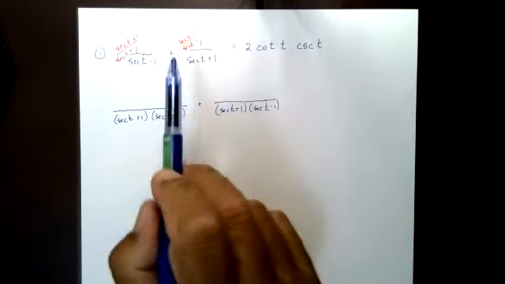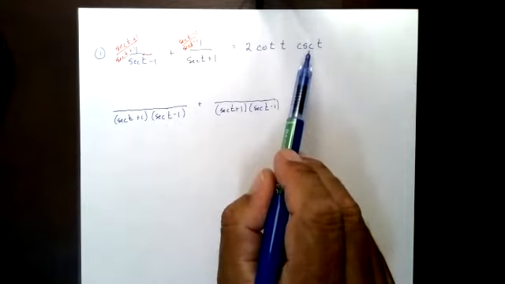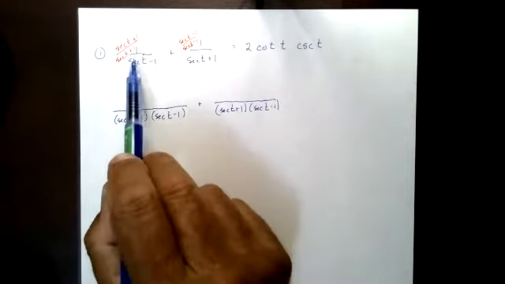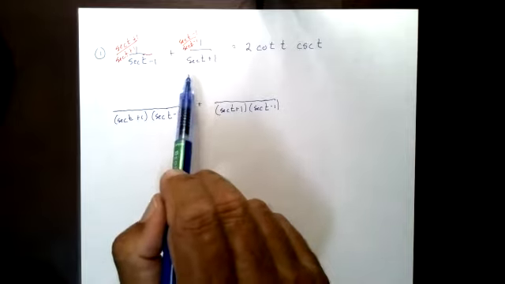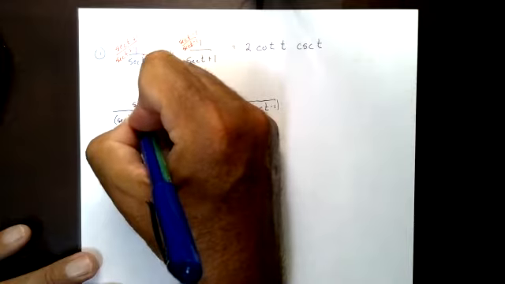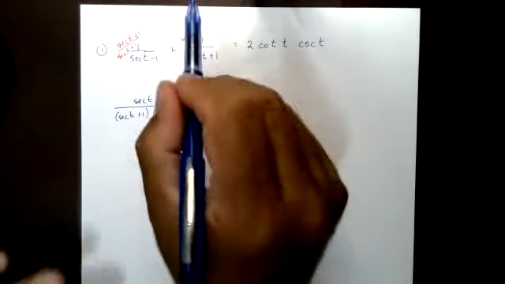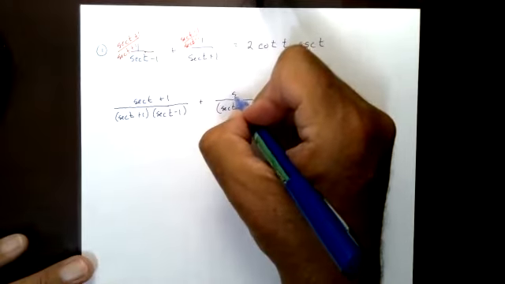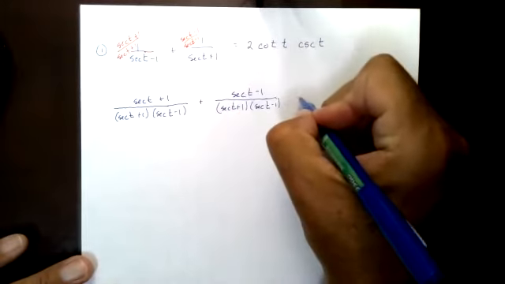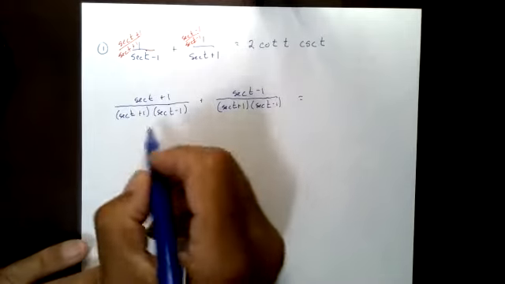And again, I notice there's 2 terms here, and I have 1 term in my answer. So I want to combine them. In order to combine them, I get a common denominator. My numerator, secant of t plus 1 times 1, is just the secant of t plus 1. Over here, I get secant of t minus 1. All right, so let's see what happens next.